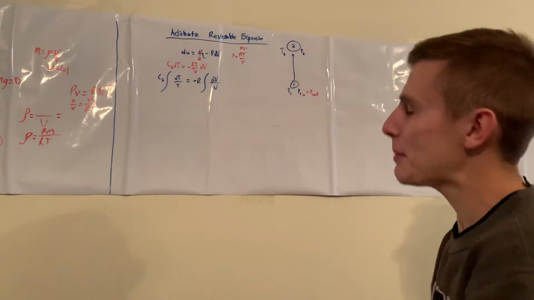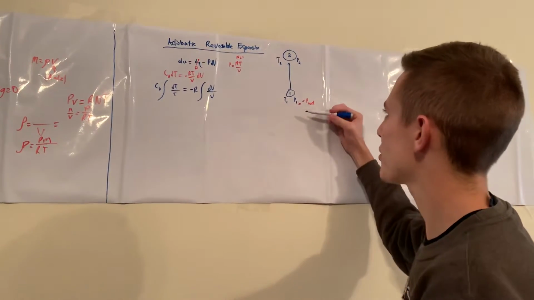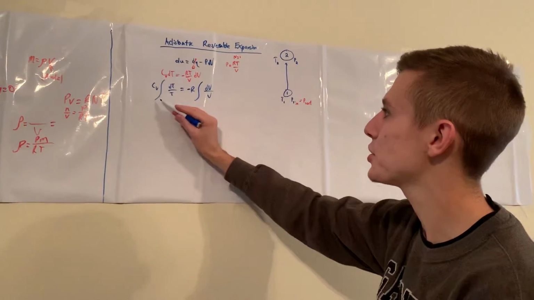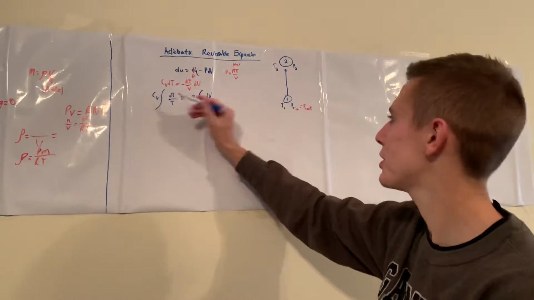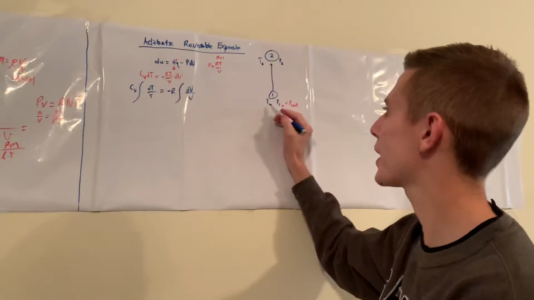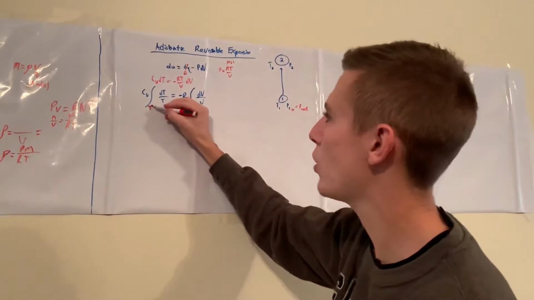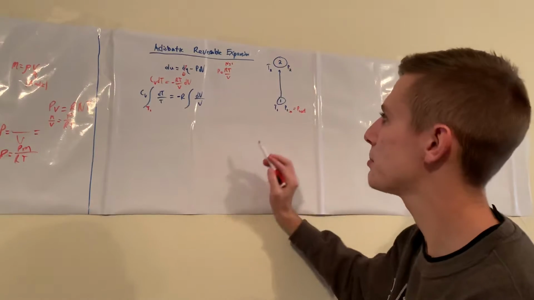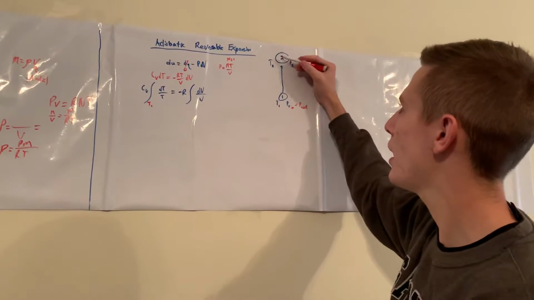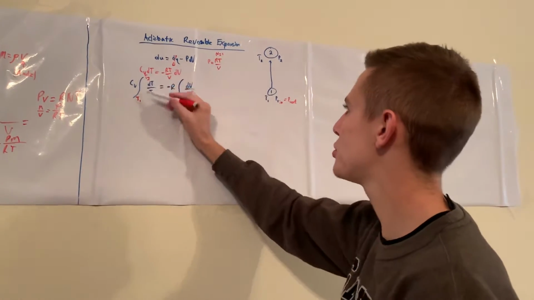Now, for our limits of integration, we want to write these in terms of our positions. Position 1 is always going to be on the bottom, and position 2 on top. So our first limit is the temperature at position 1, and it goes to position 2, where the temperature is different, temperature 2.